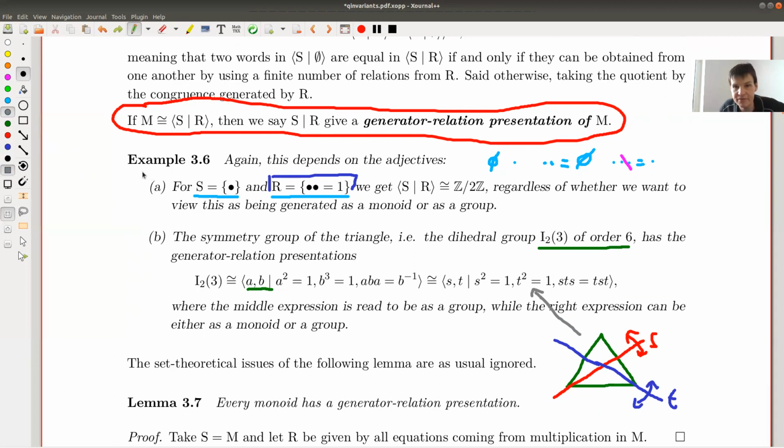So S squared equals 1, T squared equals 1. And you can check that there is this relation, STS equals TST, this braid-type relation. There's another way of doing it.